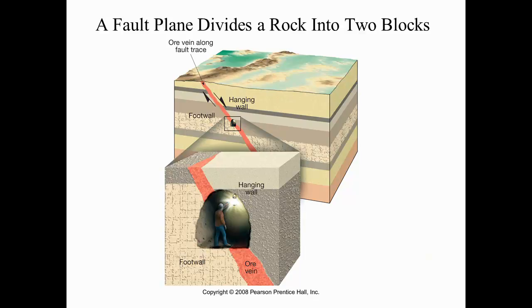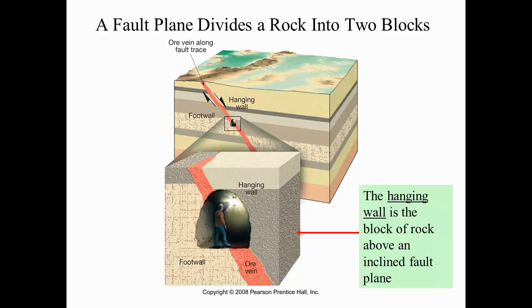Now, in order to better define these different types of faults, we have to first discuss what's called hanging wall and footwall. Now, a dipping fault plane divides a rock into two blocks. By definition, the hanging wall is the block of rock that occurs above an inclined fault plane.